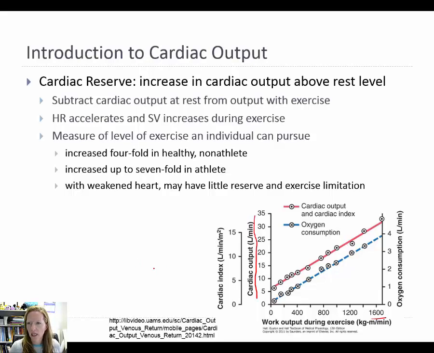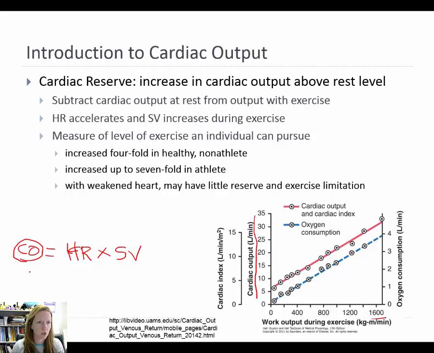It's by going in and subtracting cardiac output at rest from the output with exercise. And of course, you don't have to do all of that math. I'm not going to make you do that math. But if you think about it, cardiac output equals heart rate, it's a weird H, times stroke volume. If we want this to increase, which remember, sometimes we do.